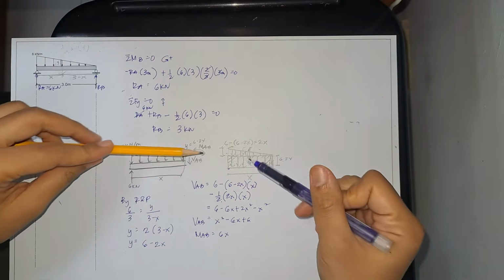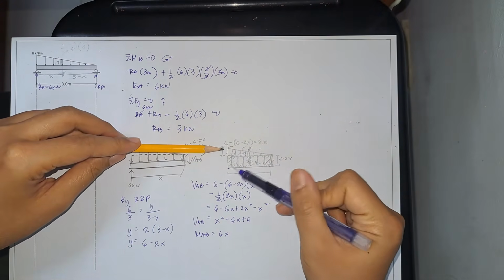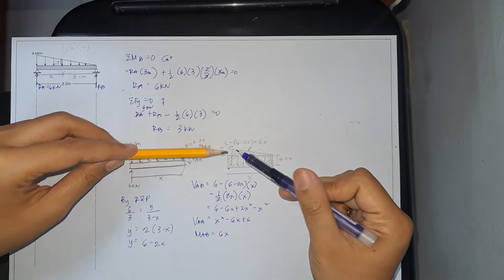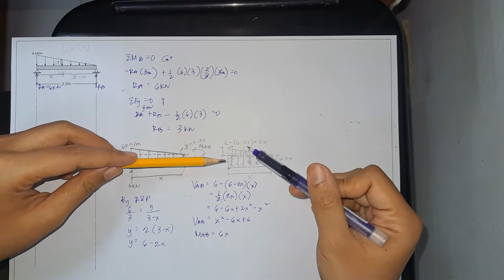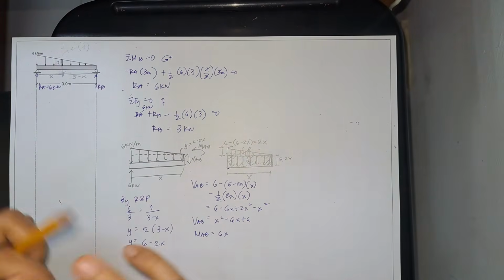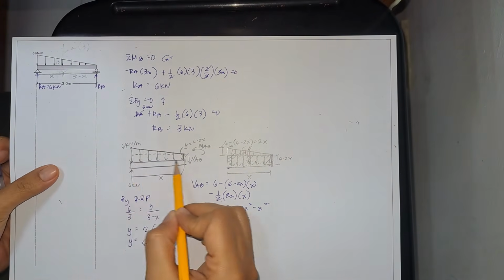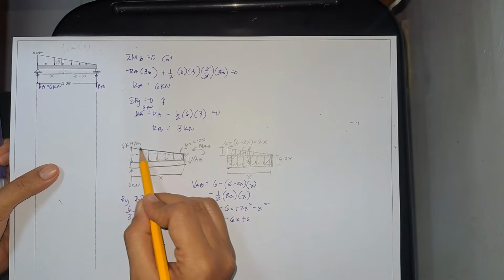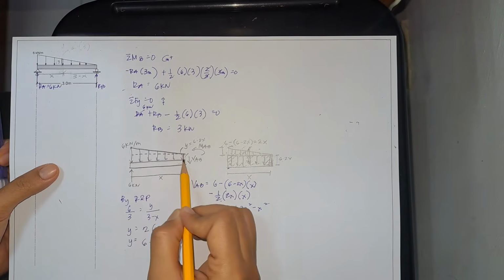Okay. Kaya ko hinati yung trapezoid into rectangle and triangle kasi mahihirapan akong mag-determine ng moment arm pag trapezoid yung ginamit ko. Okay? Pwede naman na i-consider nyo siya as a whole. Wala pong problema doon. Okay? Kunin mo yung equivalent concentrated load nito.